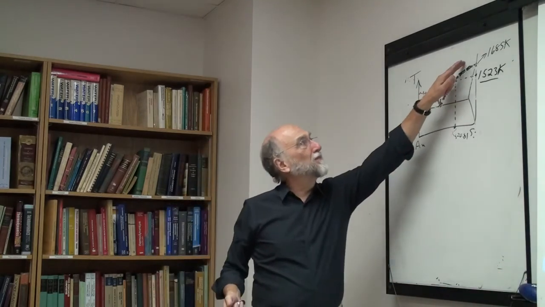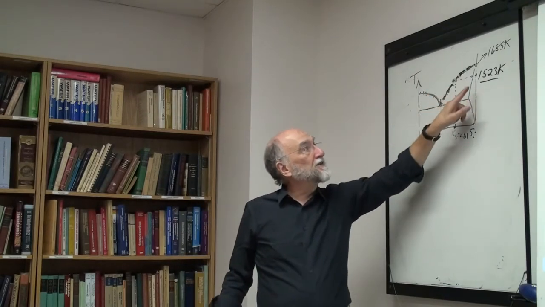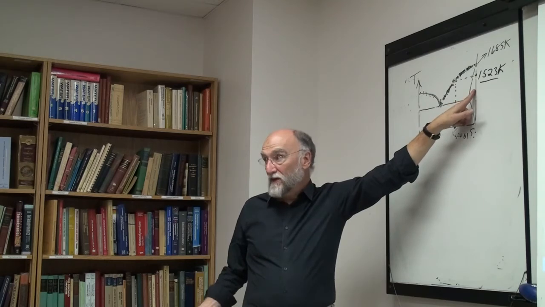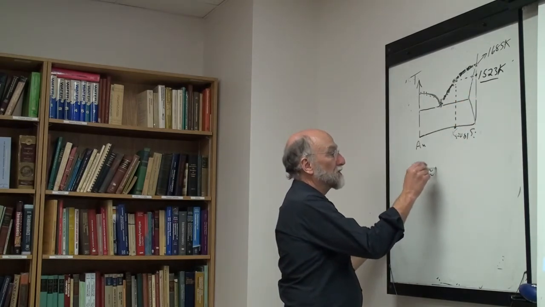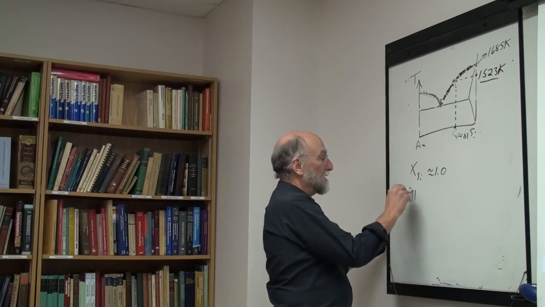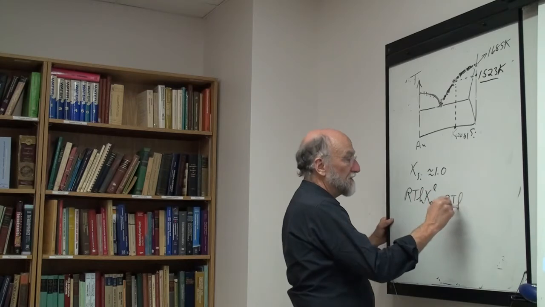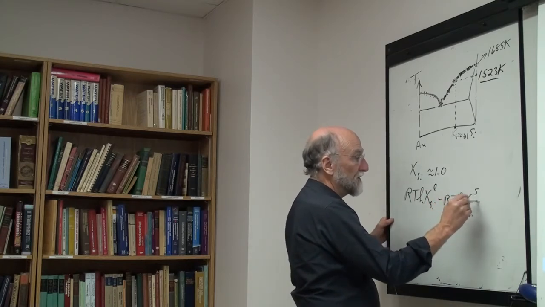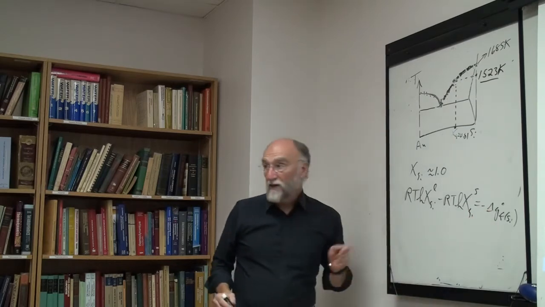The liquid doesn't have to be ideal, but as you approach pure silicon, the liquid phase and the solid phase become ideal. So in the limit, as X silicon is approximately equal to 1, I can write RT log of X silicon in the liquid minus RT log of X silicon in the solid equals minus the Gibbs energy of fusion of silicon.